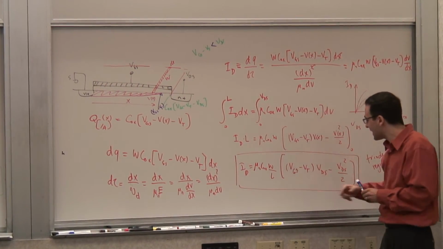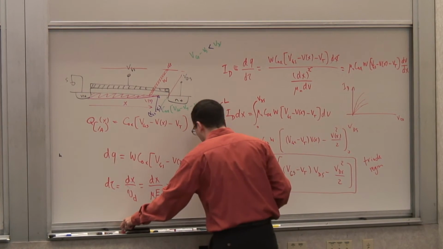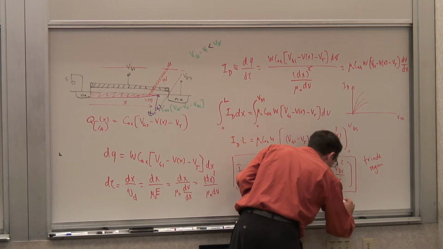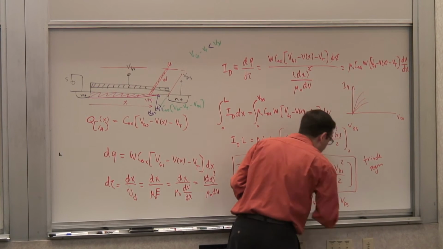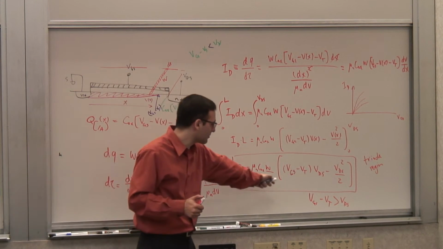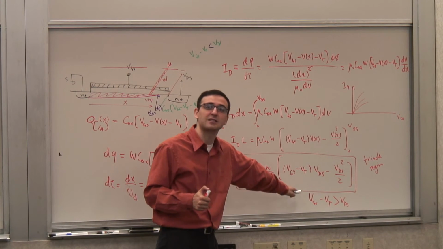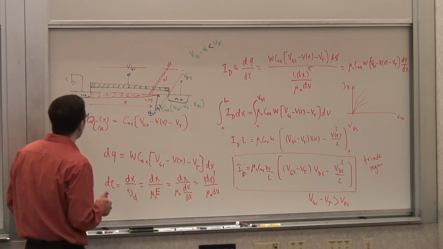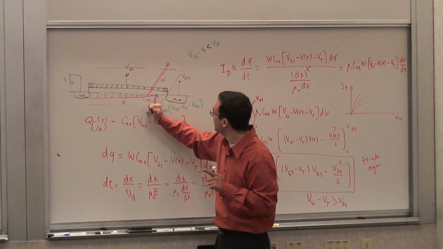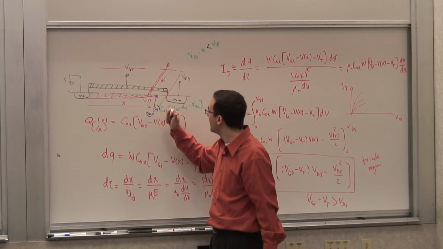So the condition for the triode operation to hold is that VGS minus VT has to be greater than VDS. So VDS has to be small, VDS smaller than VGS minus VT.